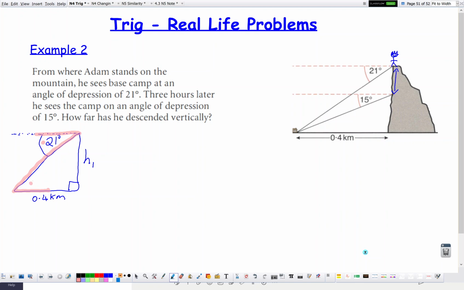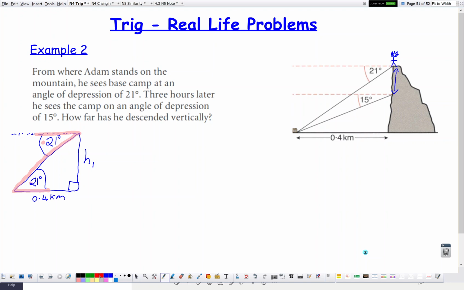That's a Z alternate angle because I have two parallel lines, i.e. the horizontal ground and the horizontal eye level, and then I've got a line connecting them. So that means that if this is 21 degrees in here, then this angle down here is also 21 degrees. Okay, so we need to use that rule in order to actually use trig in this question.